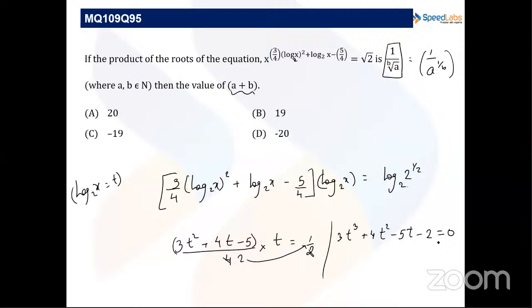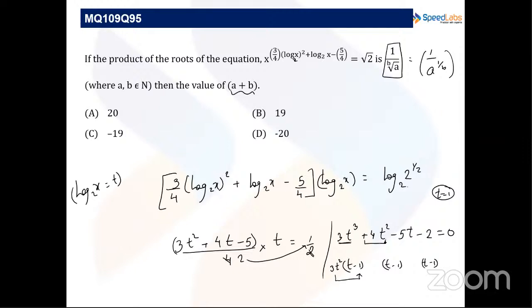So how to simplify it? You can either use the long division method, or what you can do is, here we are having t equals to 1 as one of the factors, so write t minus 1 three times. Now we are having 3t cube here, so we will write 3t square here, because 3t square into t will be 3t cube. Now when you multiply 3t square with minus 1, that will be minus 3t square.